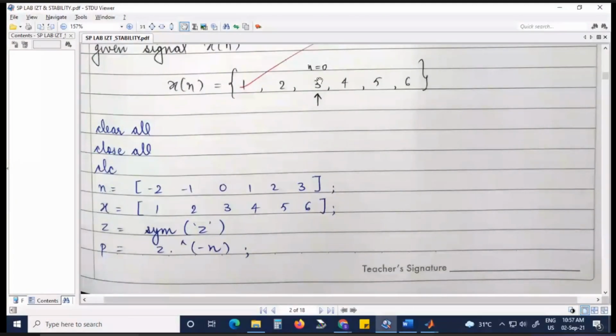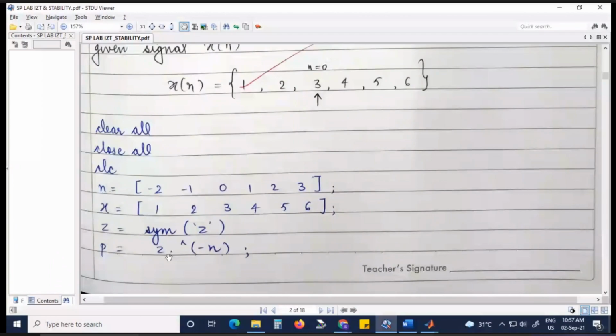Then we have to express z as a symbol, z not as a variable, z as a symbol or character. So we define z equal to sym, syms z, and p is equal to z to the power minus n.